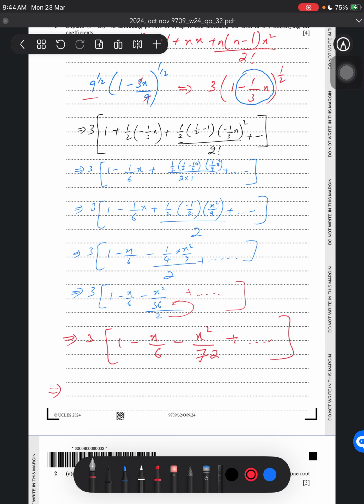If you multiply this 3 with that, you get 3 minus x over 2 minus x squared over 24, since 3 divides into 72 twenty-four times. So this would be our term in terms of x squared that was required by the examiner. That is our answer. I hope you understand this.